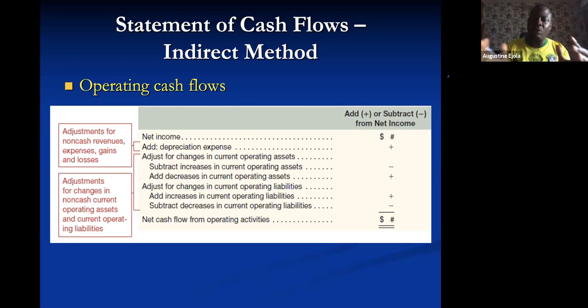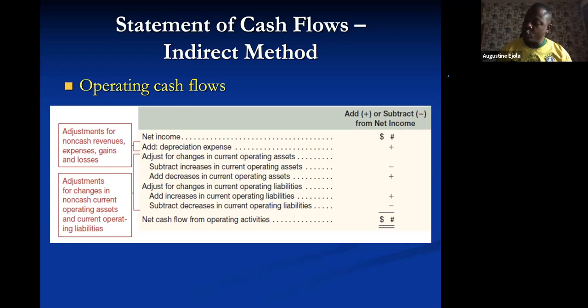Anything that doesn't have anything to do with cash transaction, we'll add it back. We'll also make adjustment for your current assets and current liabilities. Current assets are assets in our balance sheet.